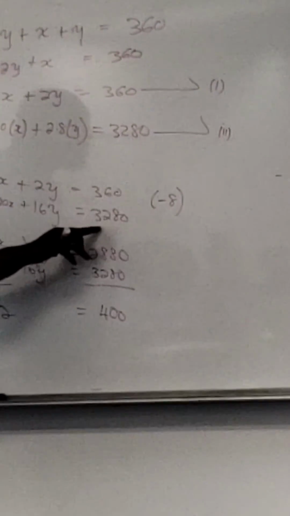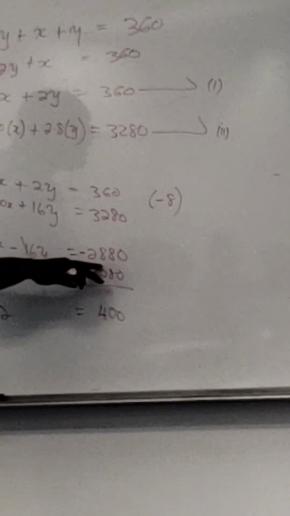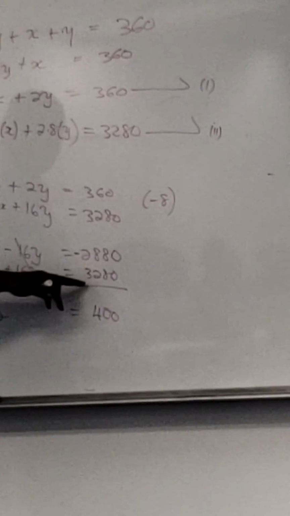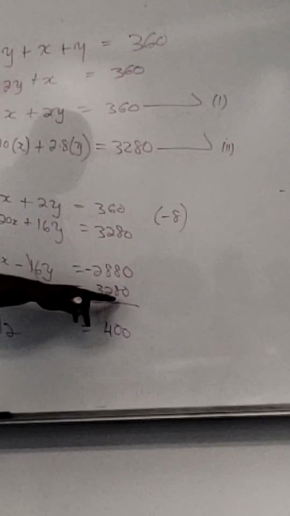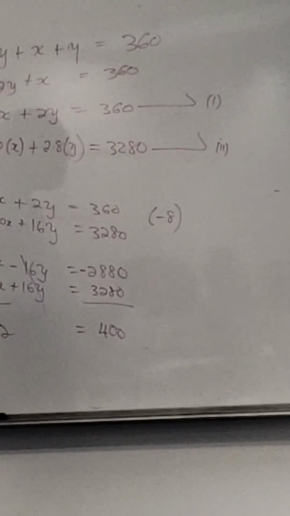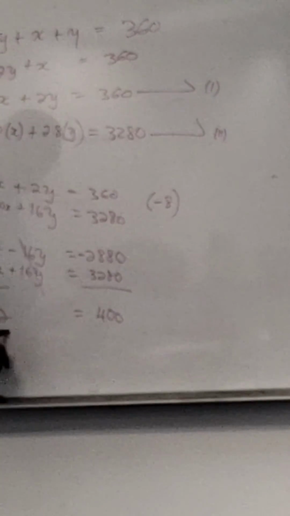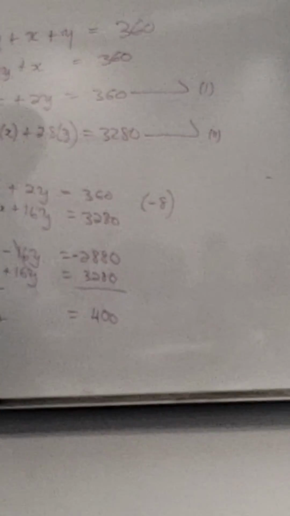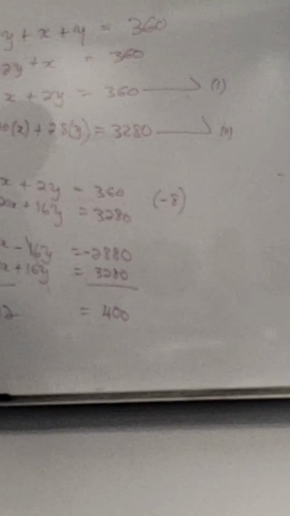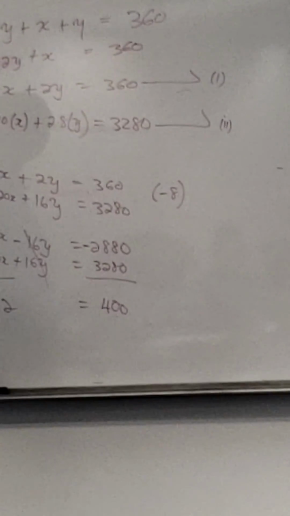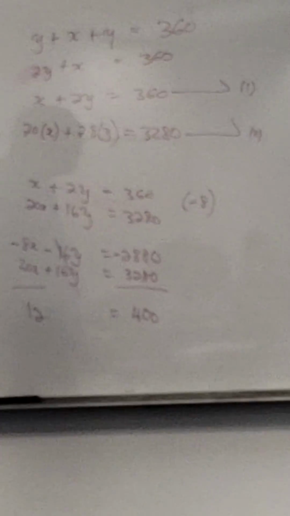That's what you had. And when you add 3280 to it, what do you have? 400. And then 12 divided into this gives me what? 33. No, we shouldn't have any decimal there.